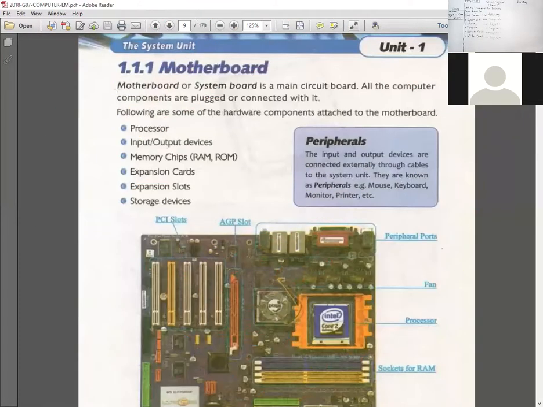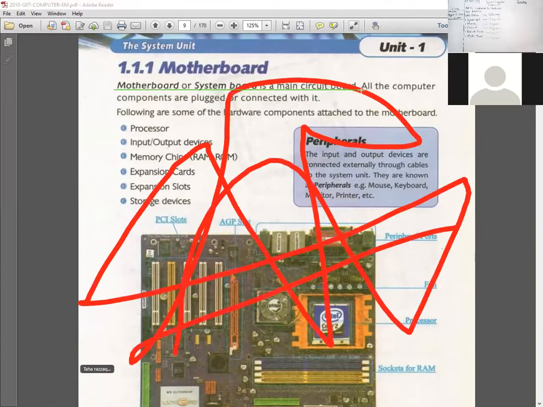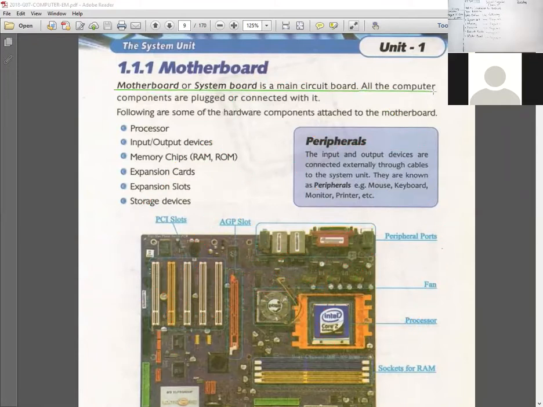I am going to underline the definition. Motherboard or system board is a main circuit board. All the computer components are plugged or connected with it. This is the definition you have to do for the motherboard.